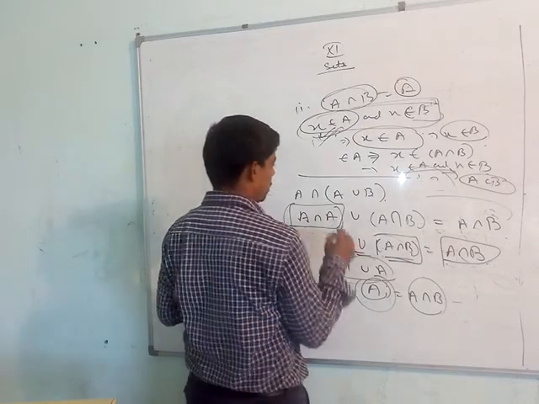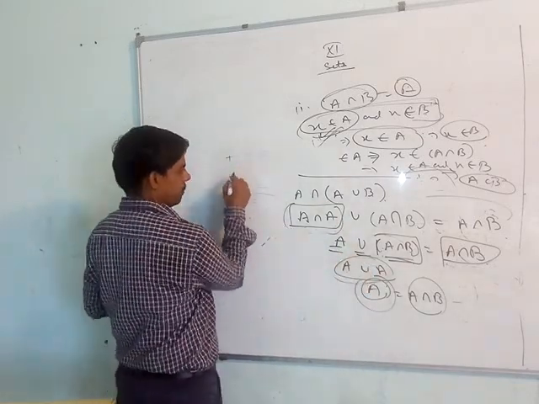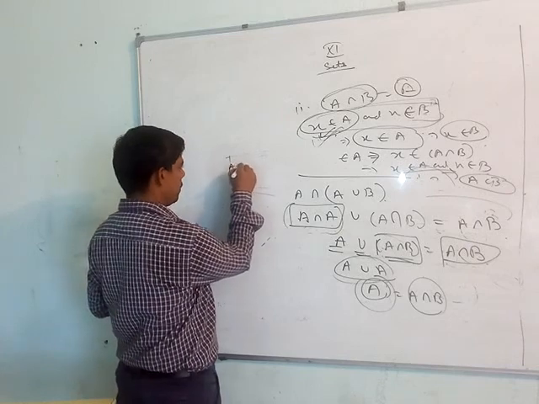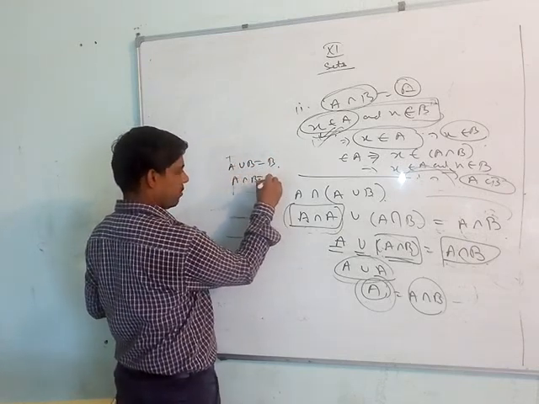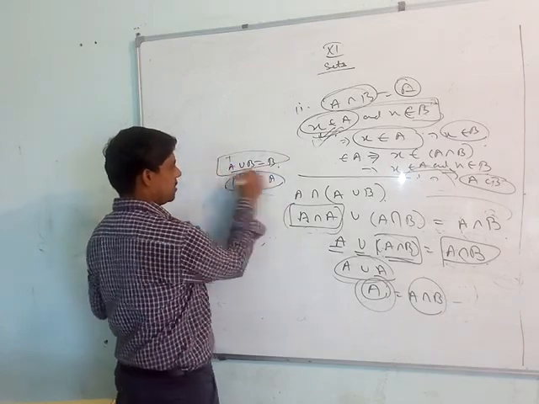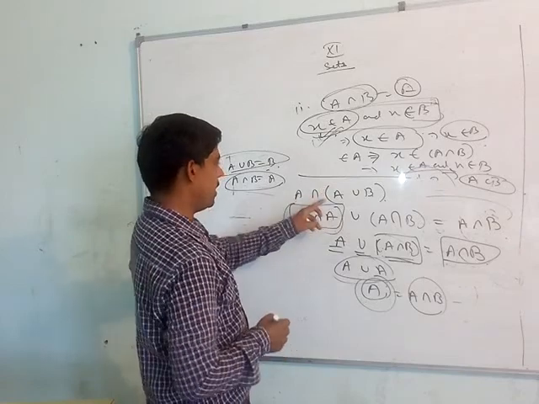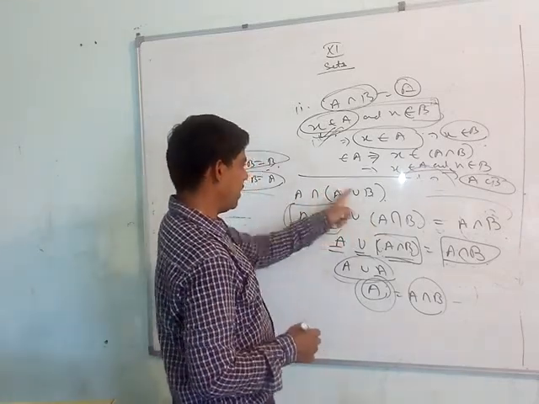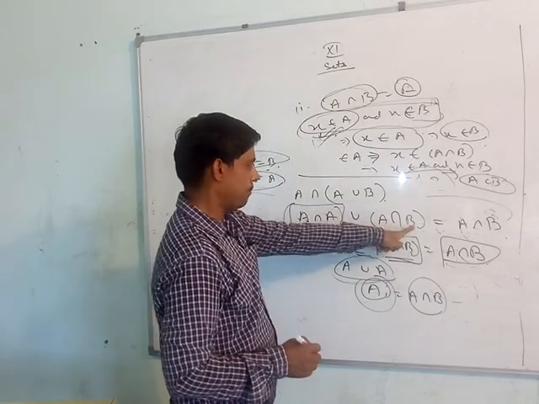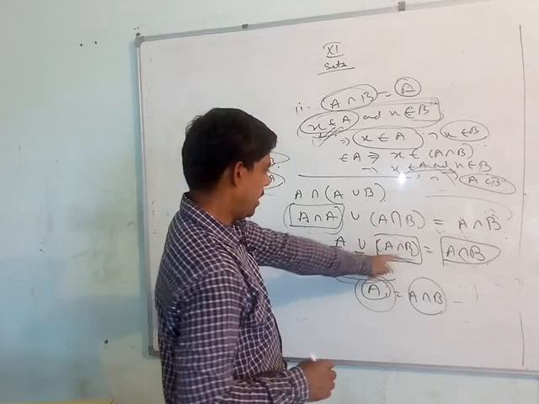So see the two conditions that we have been given. What are the two conditions? We are given that A union B is equal to B and A intersection B is equal to A. They are one and the same condition. We have just proved that. So start from here: A intersection (A union B), which is (A intersection A) union (A intersection B). A intersection A is A, union A intersection B, let it be like this only.